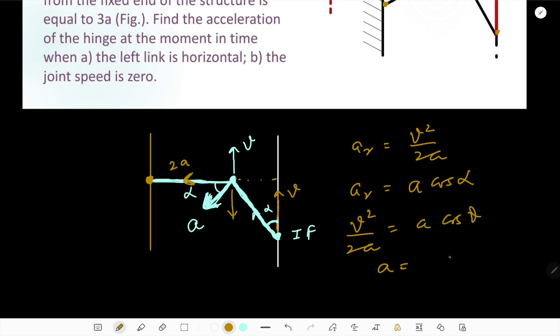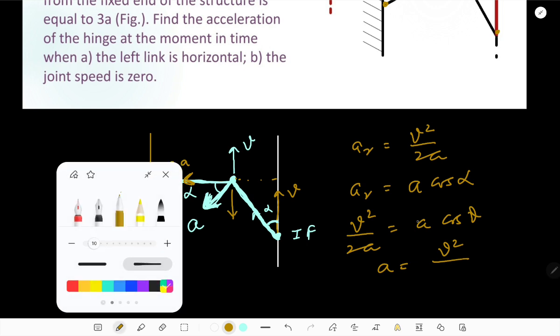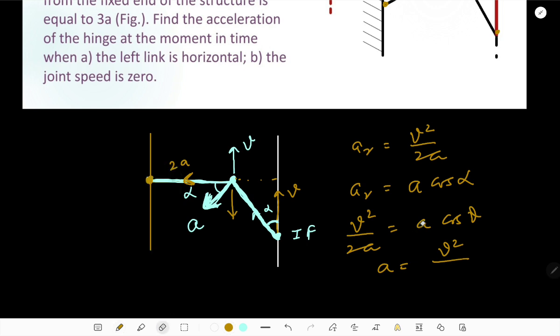A is the length, and so look, I need to write down the acceleration in terms of w, not a. A is something else here. So this is w r, and this is what is equal to cos alpha.